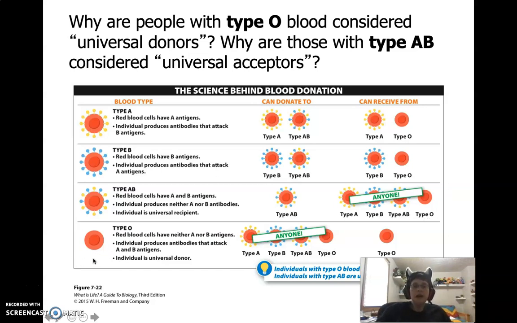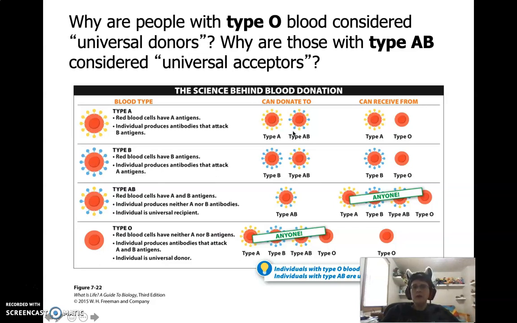Very different for type O. Type O can only get type O because remember, they have A and B antibodies, and so they can only get blood cells that don't have those flags on them. And so this is one of the big reasons why when you go into the hospital, if you need blood, they're going to type your blood to make sure they get the best match.